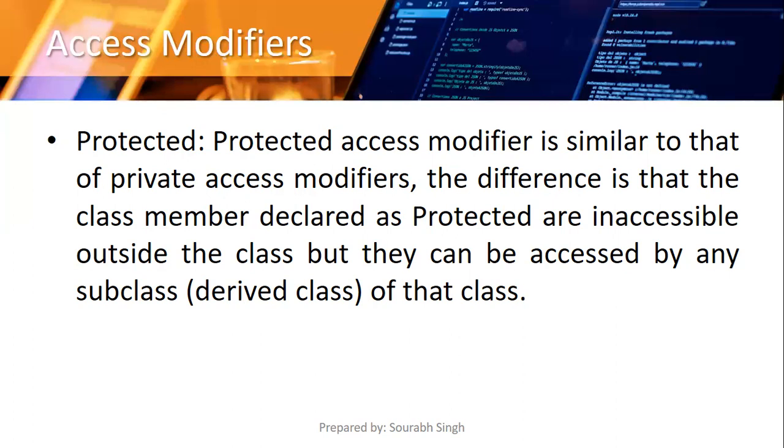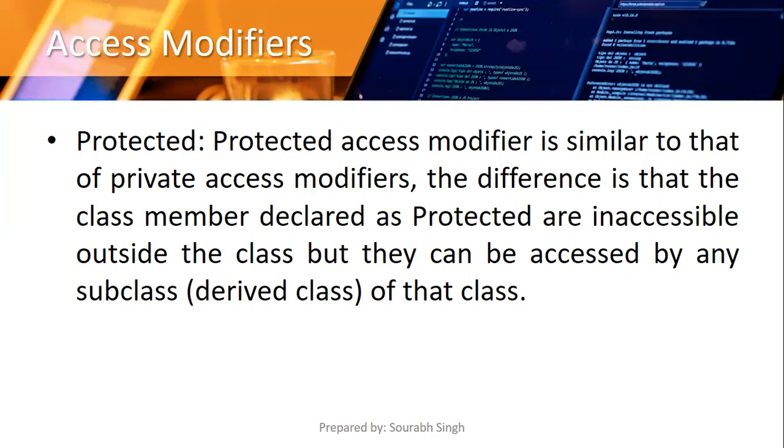If we create any child class from the particular class in which we have denoted protected members, then the derived class can access the protected members. For example, if there is a parent class P and a child class C, and the child class C is inheriting the parent class, then the protected members in the parent class can be accessed by this child class.